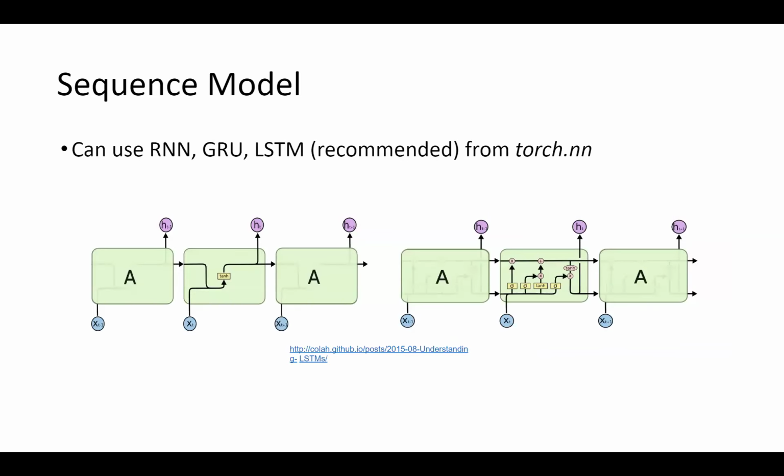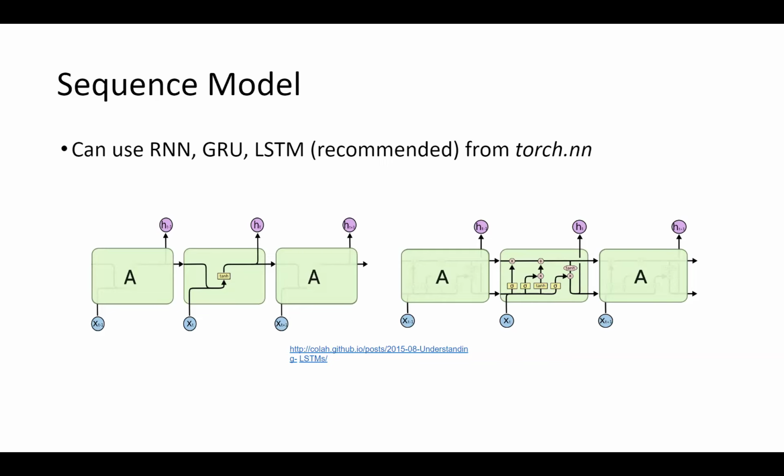Sequence models like LSTMs and RNNs expect packed sequences. So first, you need to pass it through a pack padded sequence method. You can read the documentation to know how to implement this and what correct parameters to provide.